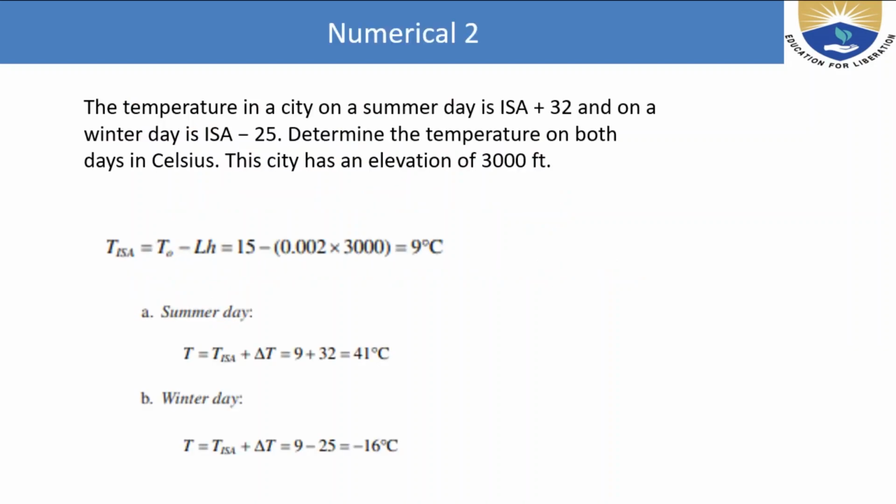Another numerical too: the temperature in a city on a summer day is ISA plus 2 and on a winter day it is ISA minus 25. Determine the temperature on both days in Celsius. This city has an elevation of 3,000 feet. We have to find out the temperature in Celsius.